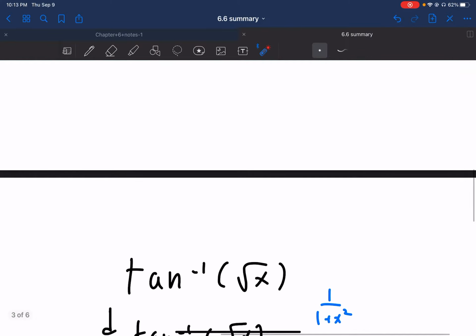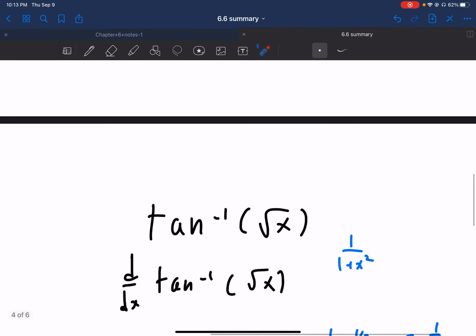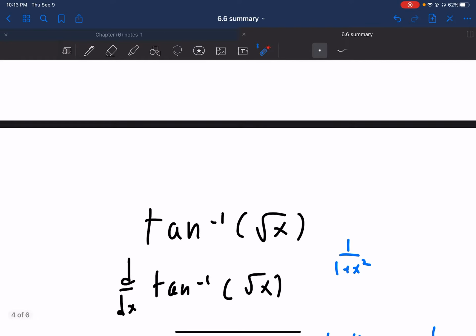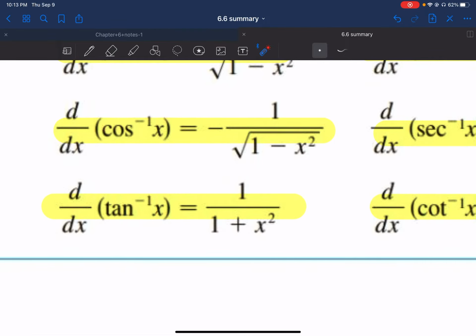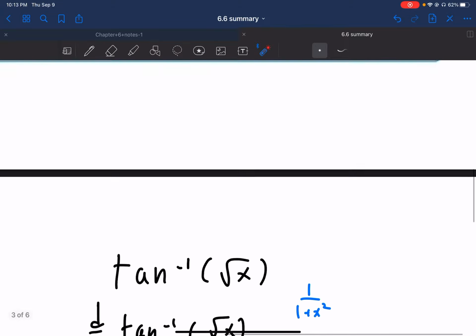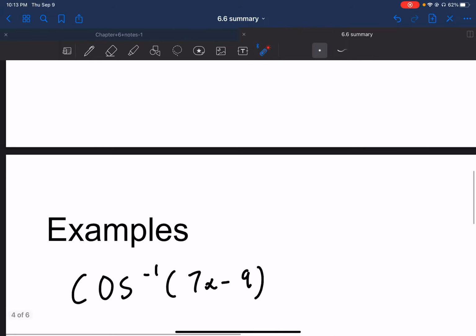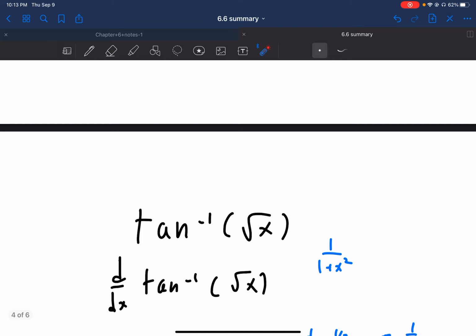Now moving on to the second example, we have the inverse tangent of the square root of x. If you want to find the derivative of this, we go back to the formula right here. The derivative of tangent inverse is 1 over 1 plus x squared. Like in the example earlier, this inner function, the square root of x, is basically the same as the x right here.